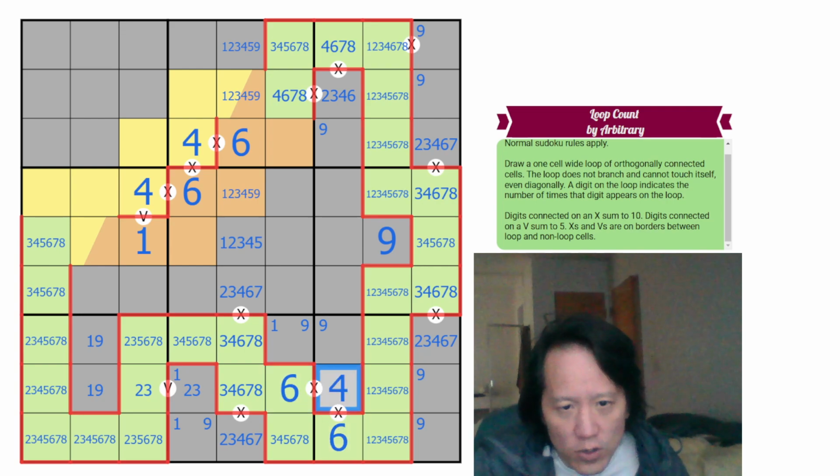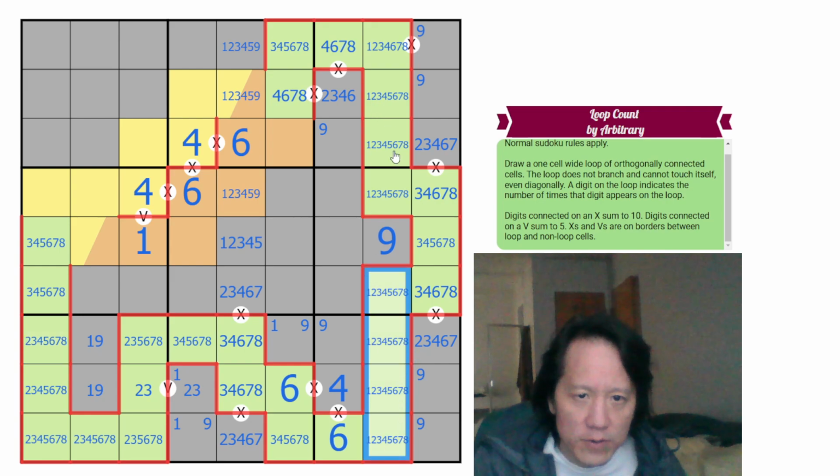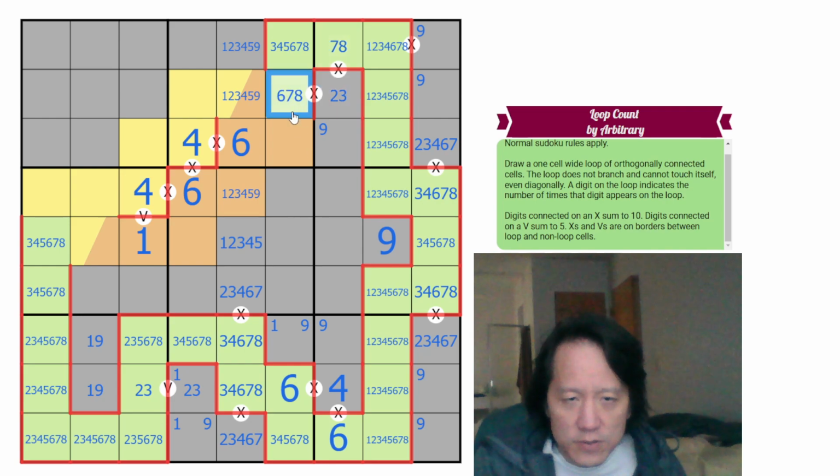And this is 4, right? Because we have 2 4s here, we have a 4 here, and we have a 4 here. So that's 4 4s, right? This obviously cannot be 4 and 6 if that's the case. So this can't be 4 or 6. Then we have a 7 or 8 here. So far that all looks kosher, right?